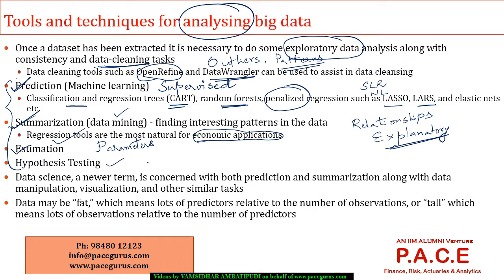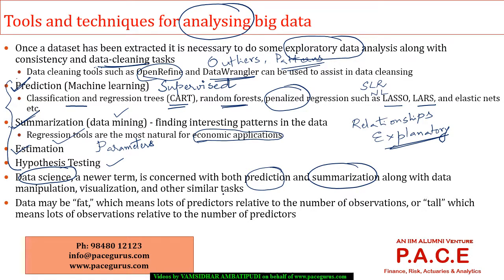And we want to test various hypotheses that are made with respect to the various parameters or various variables as well. So these are the four major activities that can be performed once the data is in front of us. When we talk about data science, today one of the newest terms, a buzzword in the market, there I do predictions, I do summarizations, I do many more things.